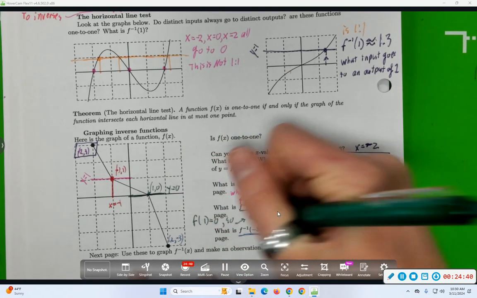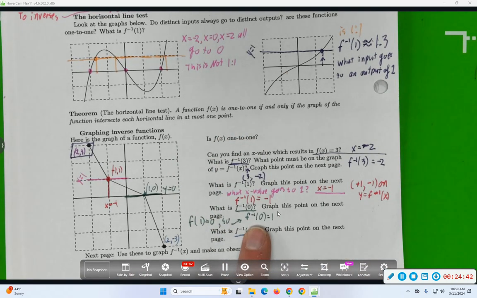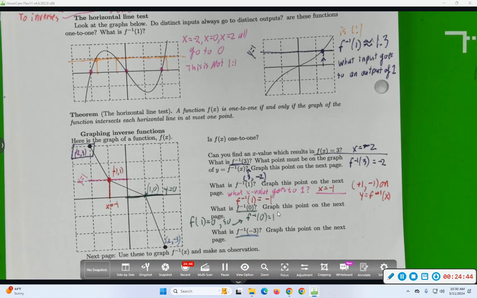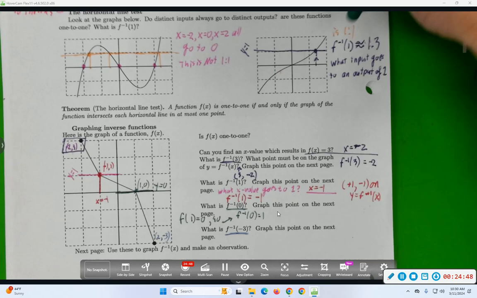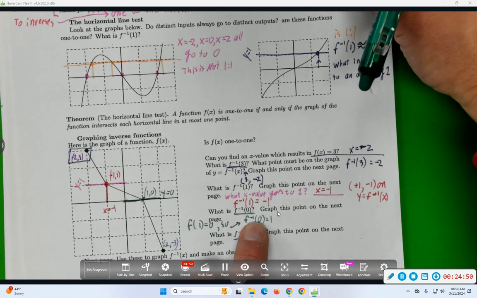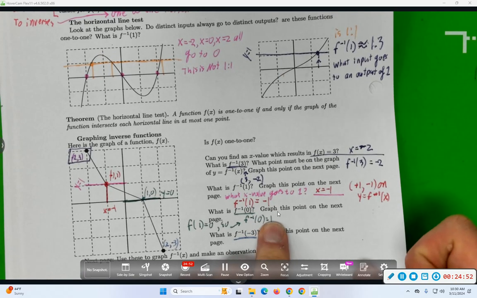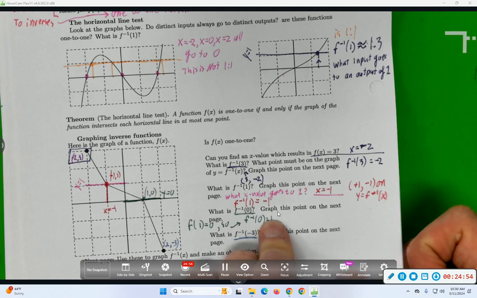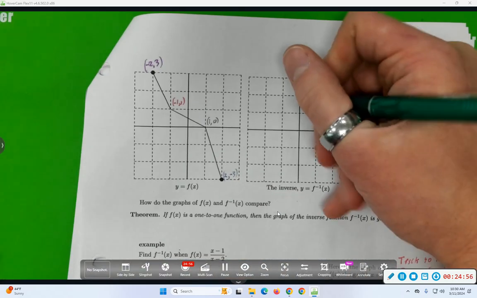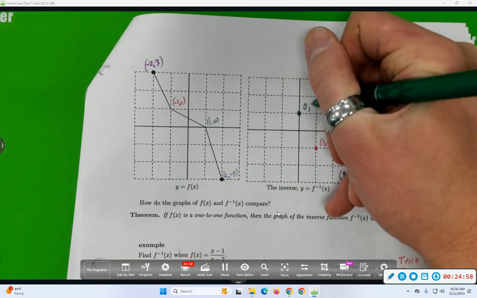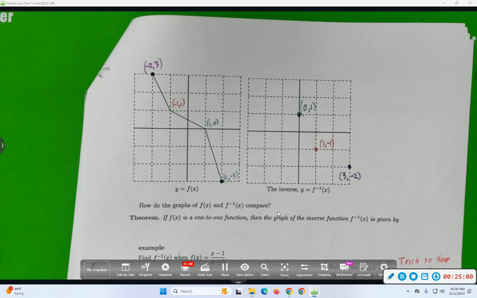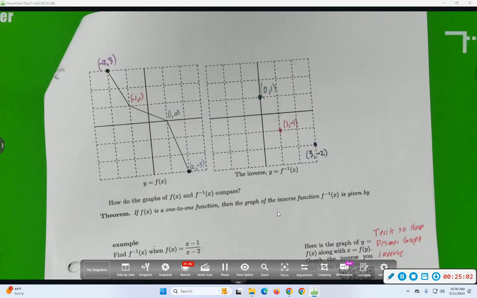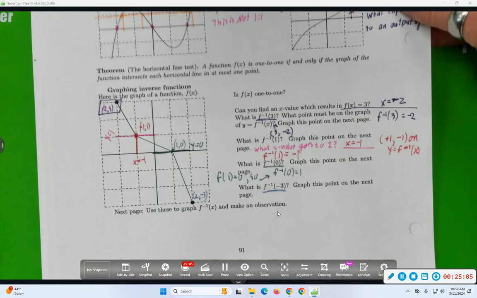So, f inverse of 0 equals 1. Inverse functions swap the role of input and output. So, graph that on the next page. x equals 0, y equals 1 is a point on the graph of the inverse. 0, comma 1.